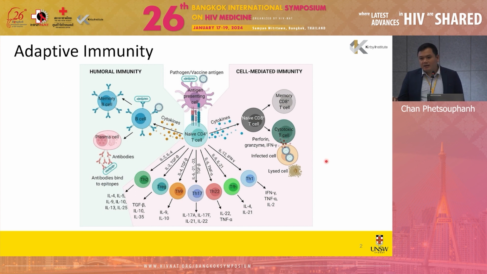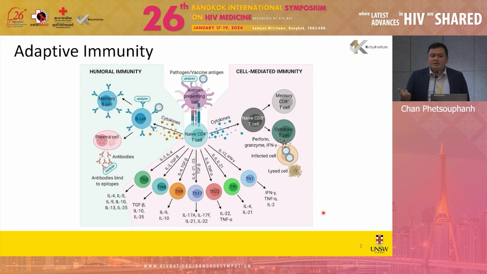But there are other innate-like T cells that I won't be covering today, including MAIT cells, gamma delta cells, and NKT cells. These T cells basically develop and arise in the thymus, where they undergo various processing and selection, and they egress out into the periphery as naive cells.